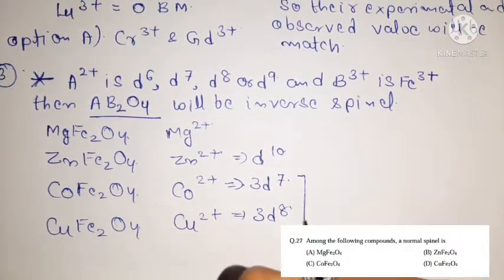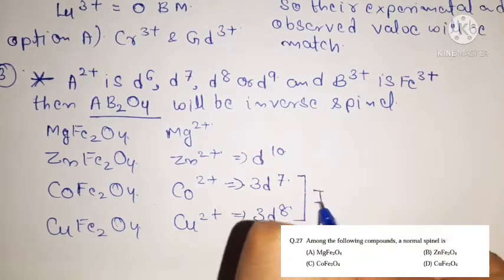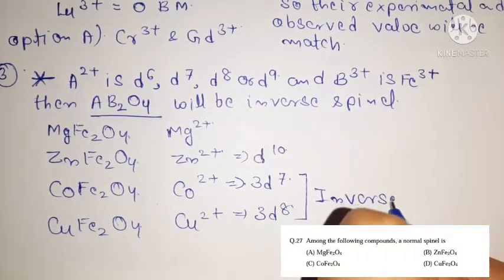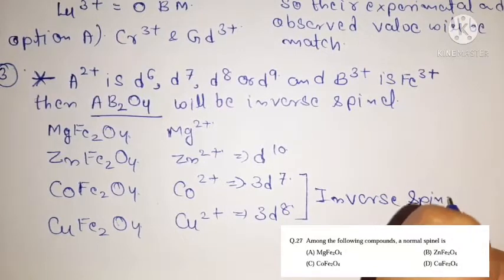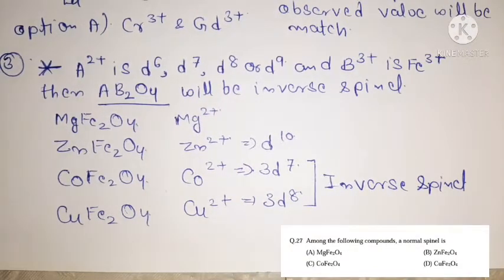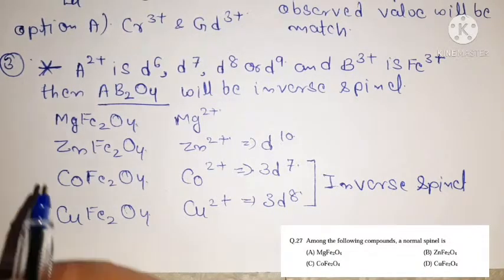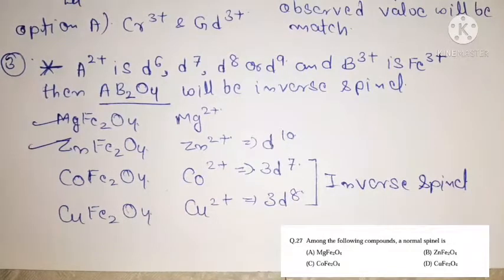So these both complexes are nothing but inverse spinel. But in the question they ask about normal spinel. So either MgFe2O4 or ZnFe2O4.